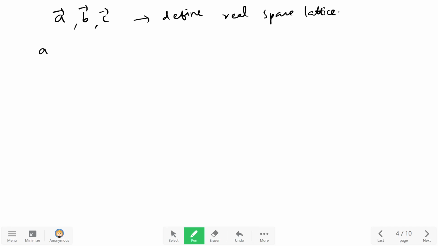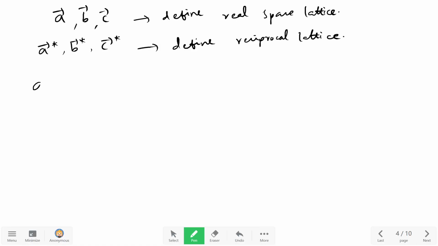Then a star, b star, and c star are the reciprocal lattice vectors which define the reciprocal lattice. Now the mathematical definition of these is important from the exam point of view.